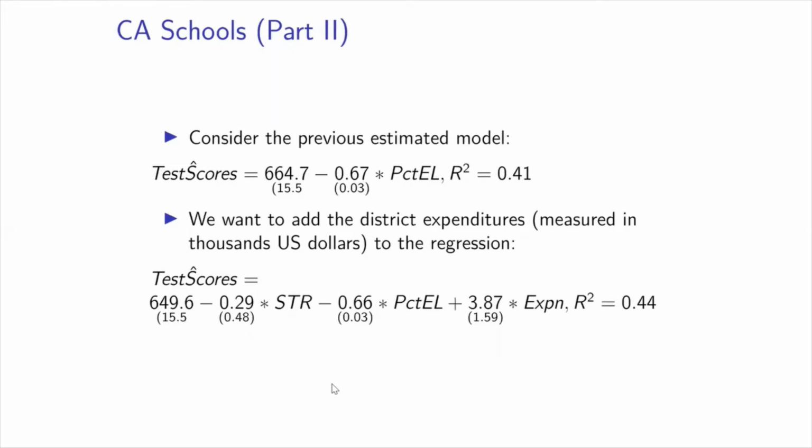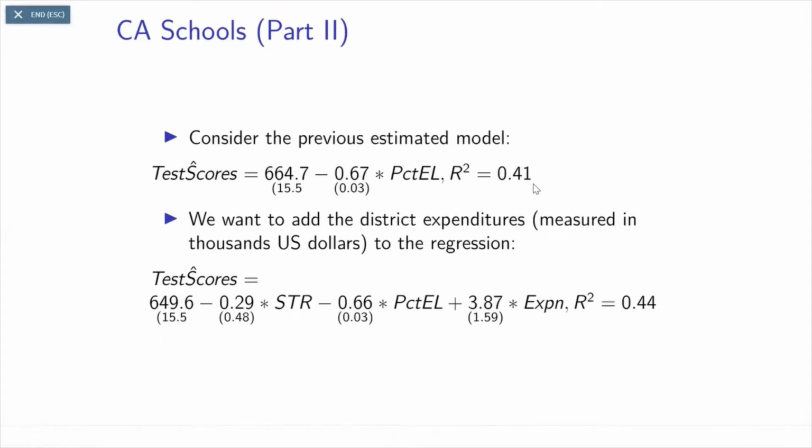How do we know whether we should continue to add more control variables or not? Frequently, we could use the joint hypothesis test on multiple regressors to shed some light on this question. Back to the California schools example. In the first model, I regressed test scores on the percentage of English learners. The R-squared is 0.41.